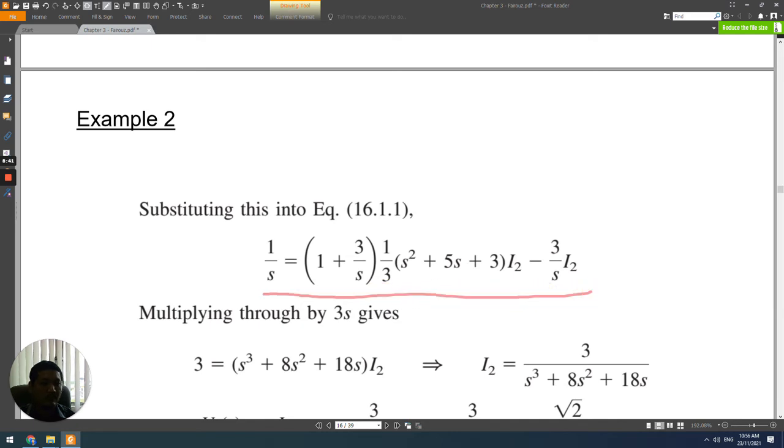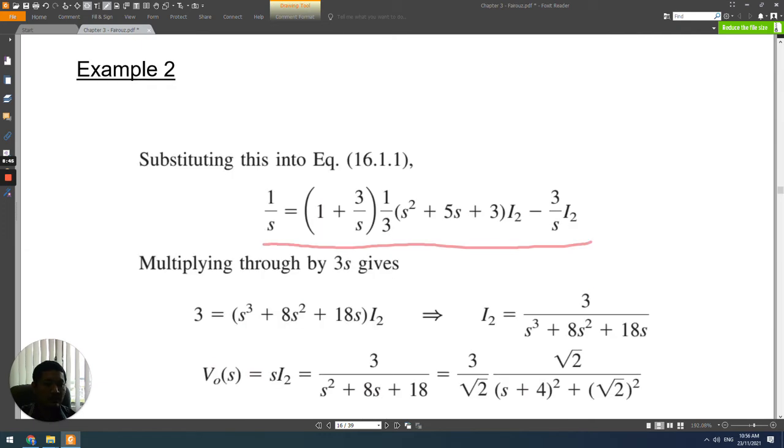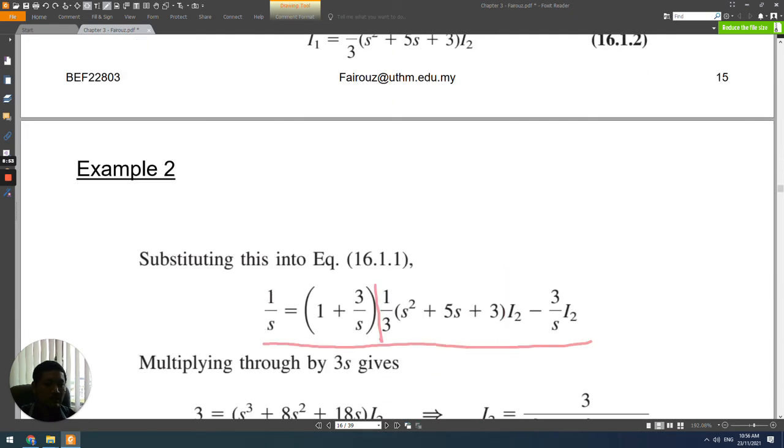This is the I1 that we have substituted, including this as well. So this is I1.